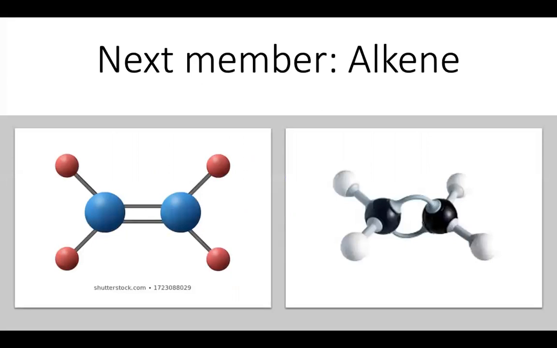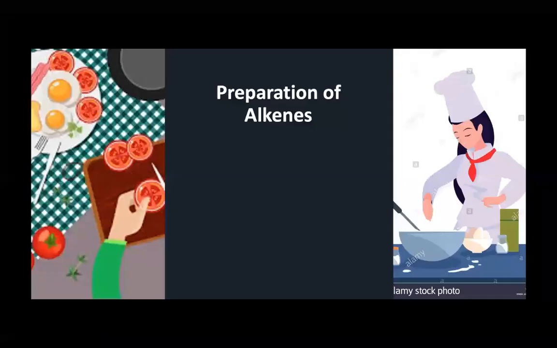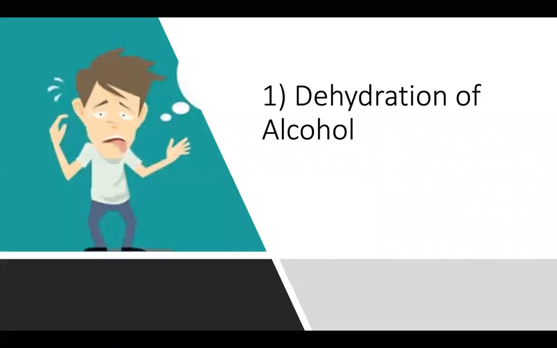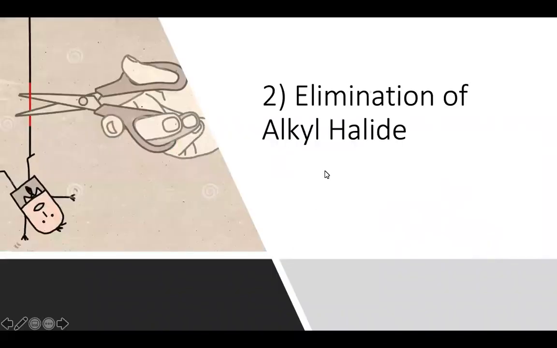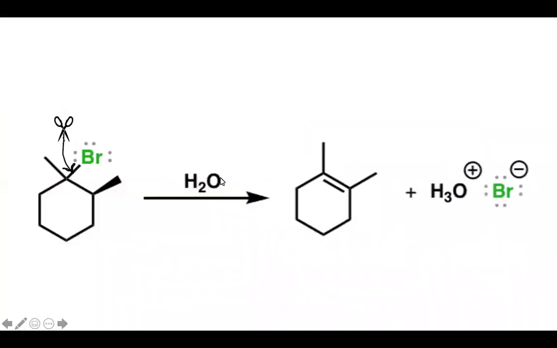Next, we come to alkene. So how do we prepare alkene? We can remove the water from alcohol, dehydration of alcohol. So with the introduction of an acidic environment, concentrated sulfuric acid, we can turn it into alkene. Next, we can also eliminate the alkyl halide. How do we eliminate?